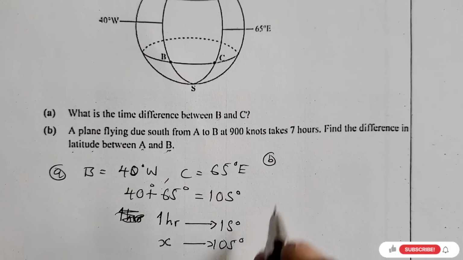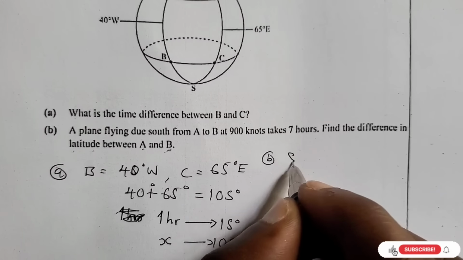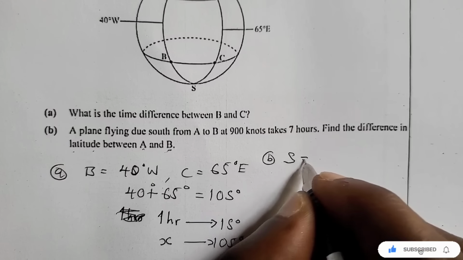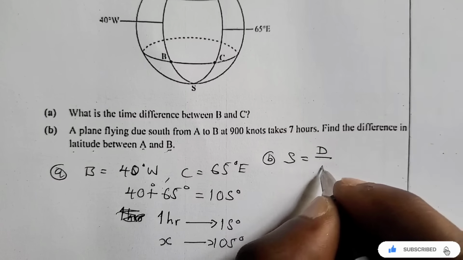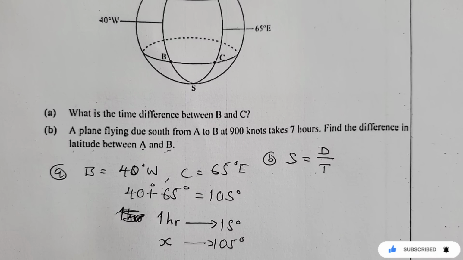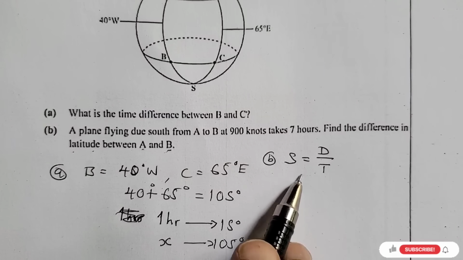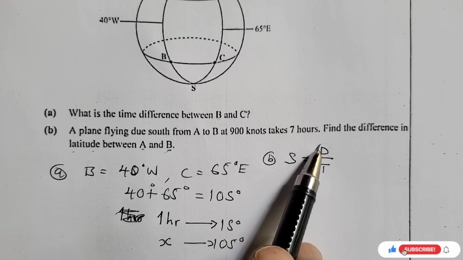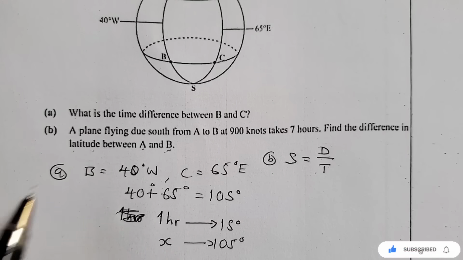Since the speed is in knots, it is in nautical miles, so speed is equal to distance covered over time taken. This is the starting point because we are supposed to use distance to find the difference in latitude.